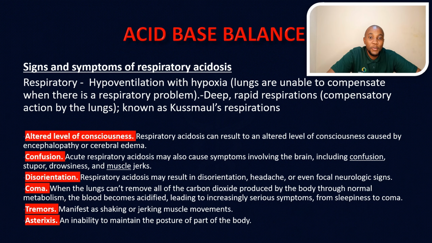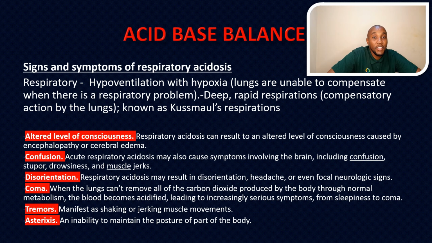Now we are going to look at the signs and symptoms of respiratory acidosis, starting with a very common examinable sign. Remember, with respiratory acidosis, we have hypoventilation with hypoxia, and the lungs are unable to compensate when there is a respiratory problem.